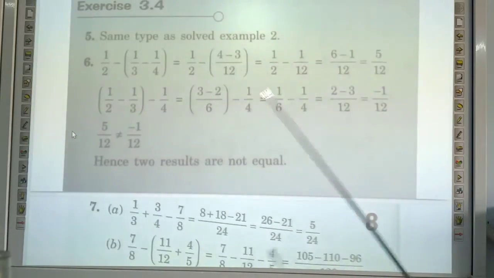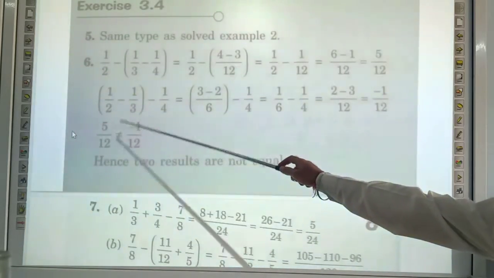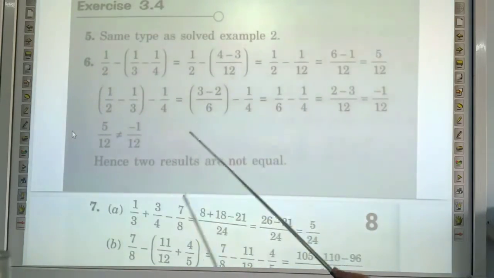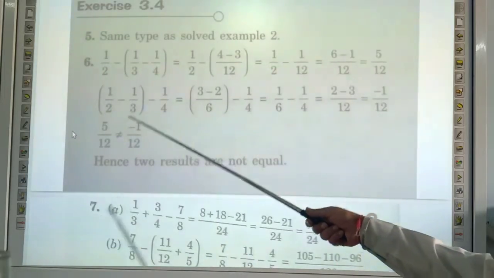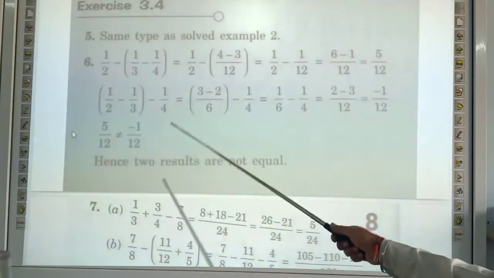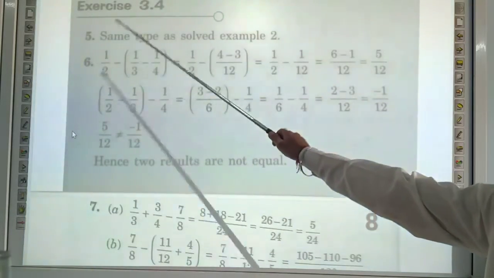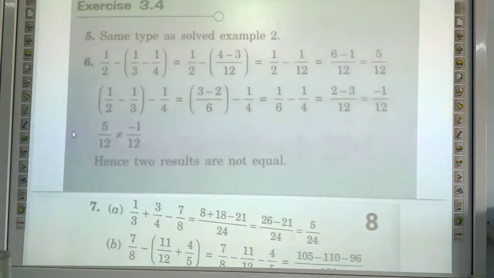Now this is the left hand side part. Then the right hand side part is also calculated, which was 1 upon 2 minus 1 upon 3 minus 1 upon 4. In the right hand part, the bracket is shown differently, meaning the bracket is put on the first two rational numbers, and earlier the bracket was for the last two rational numbers.